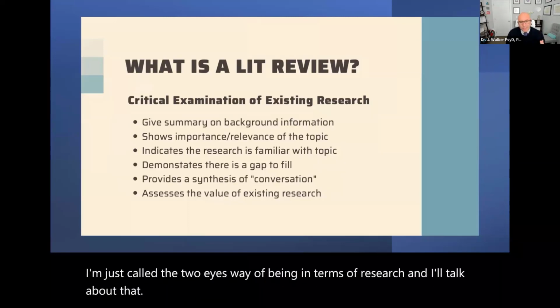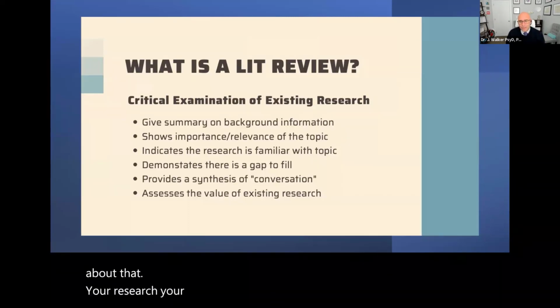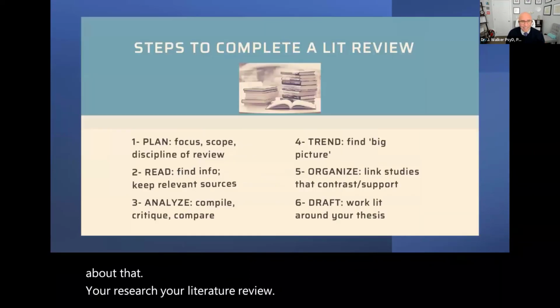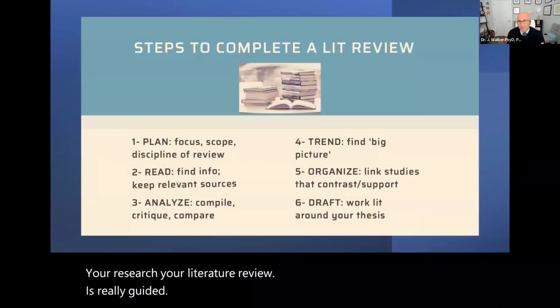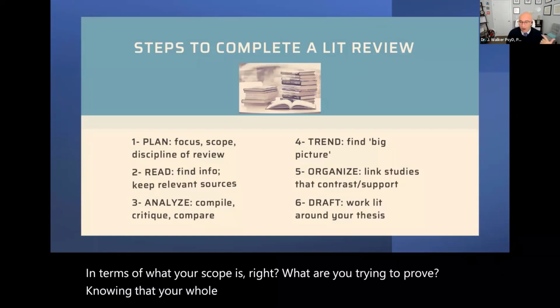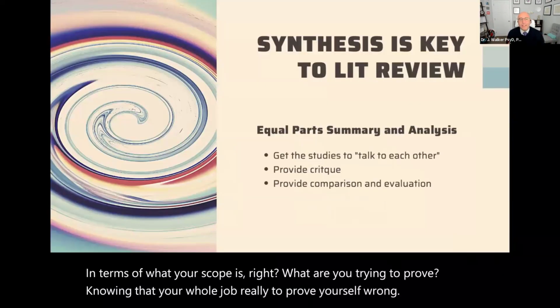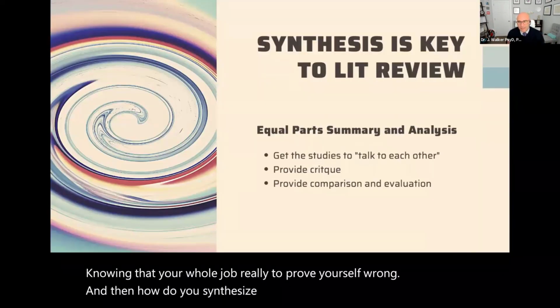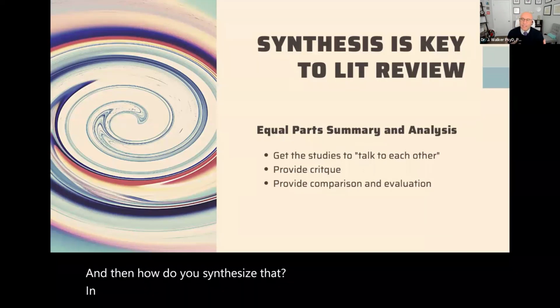Your research, your literature review, is really guided by what your scope is, right? What are you trying to prove? Knowing that your whole job really is to prove yourself wrong. And then how to synthesize that in terms of separate elements to align and form a whole.